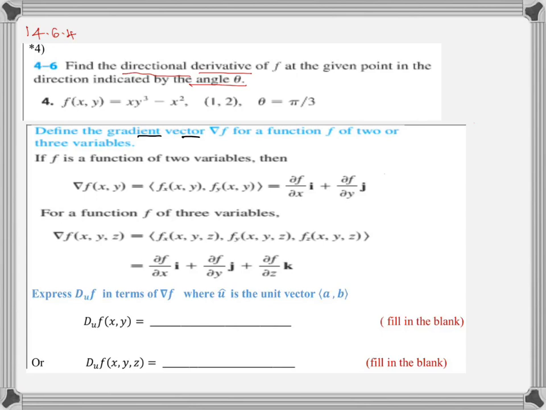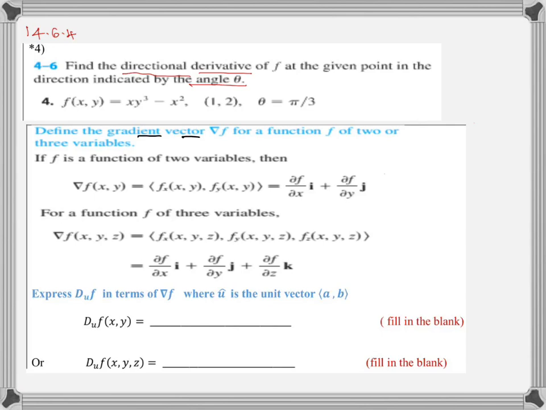If f is a function of 2 variables, then del f, also called nabla f, of x, y equals the components f x, f y, which is partial derivative of f with respect to x times i plus partial derivative of f with respect to y times j.